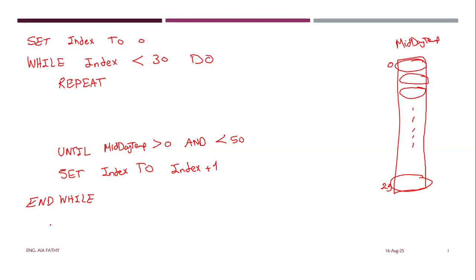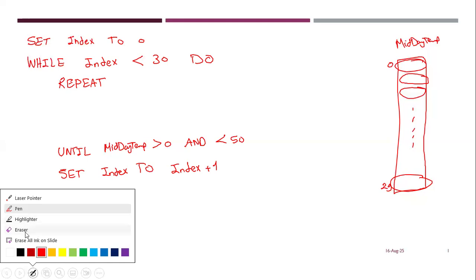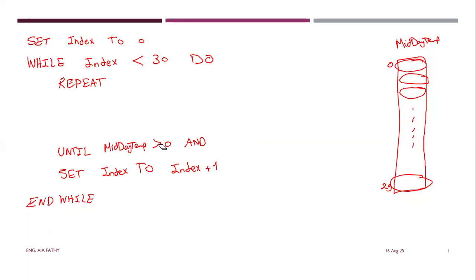No, you have to write midday temp more than 0 and midday temp of index less than 50. Okay, so this is the condition which you will add, or the validation rule which you add.